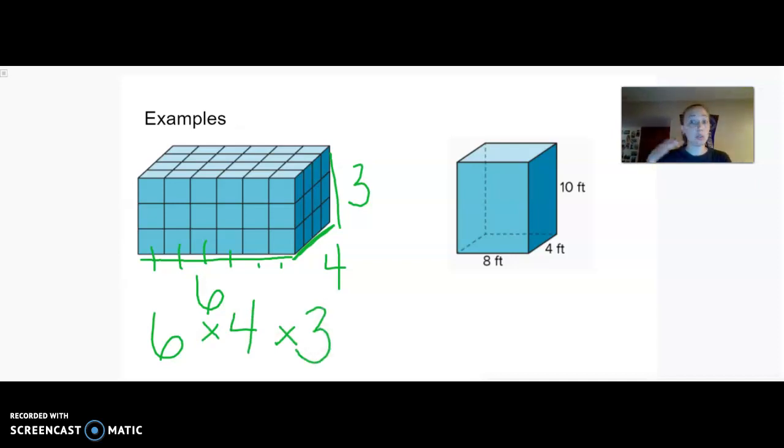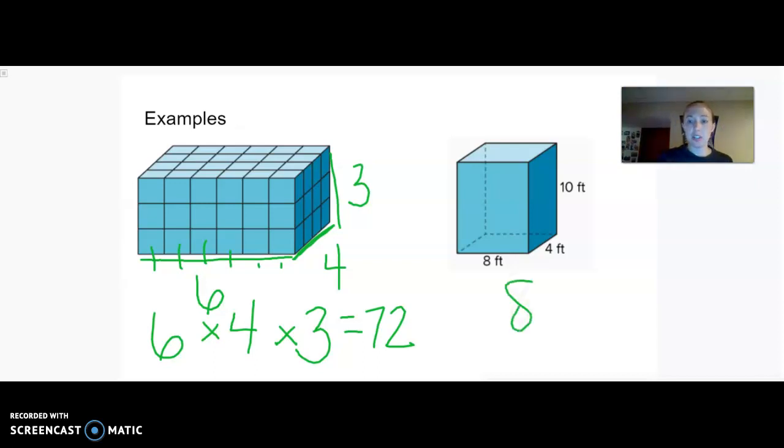I could also do it in any order. So don't stress about which number needs to go first, any order is fine because we're just multiplying and you can multiply in any order. We get 72 cubic units. Go ahead, try that next one. Remember, volume equals length times width times height.